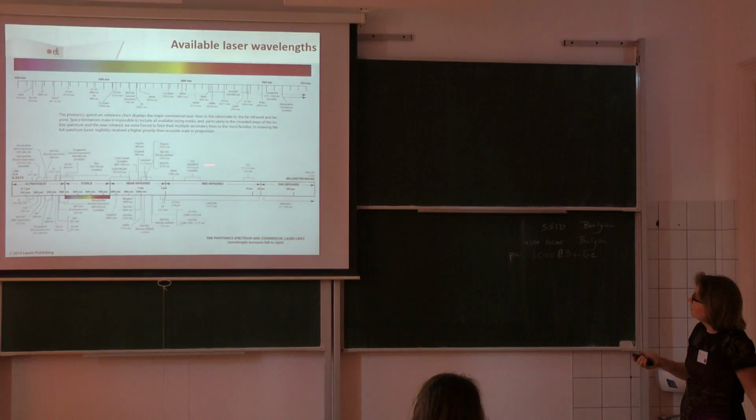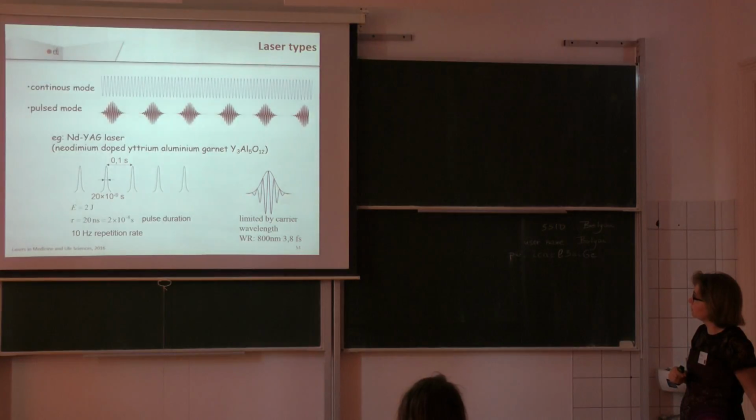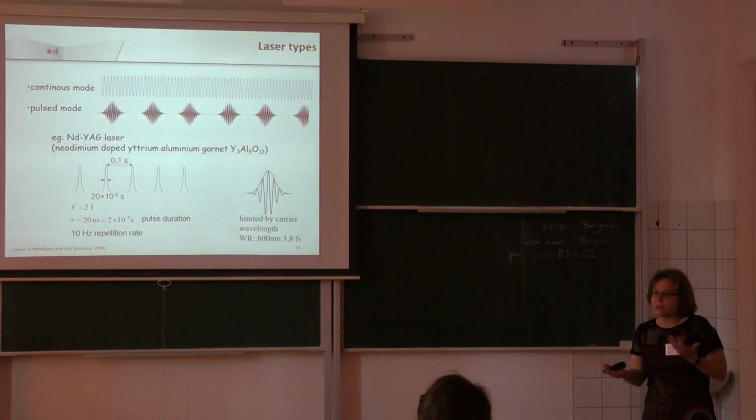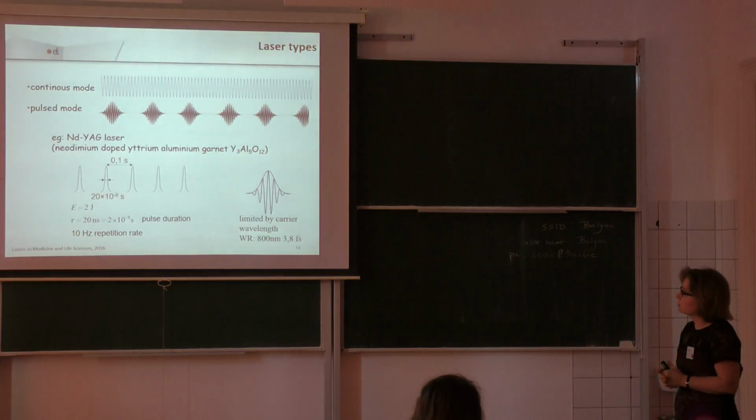This is now all from ultraviolet visible to the far infrared regime, and depending on what color, what wavelength you want, this picture gives you the material that you should use for your laser active material. So basically this is how we build a laser.